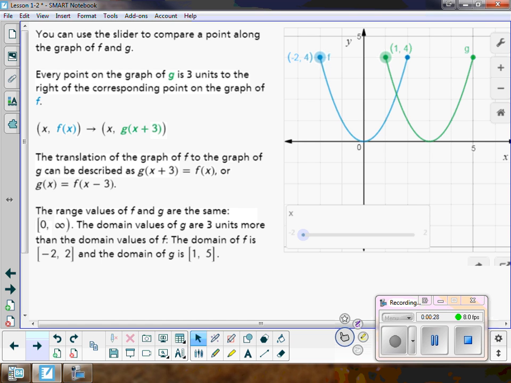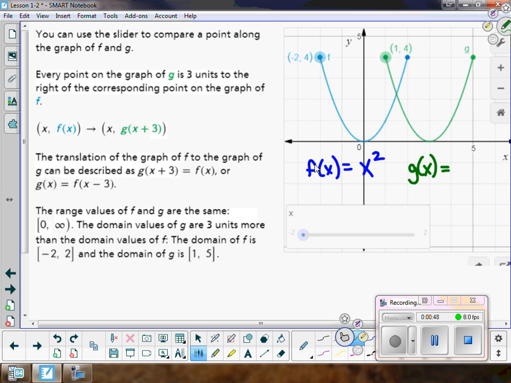In blue, they have f of x being the parent function x squared, and g of x is the translated function, okay, and it's being moved right 3.